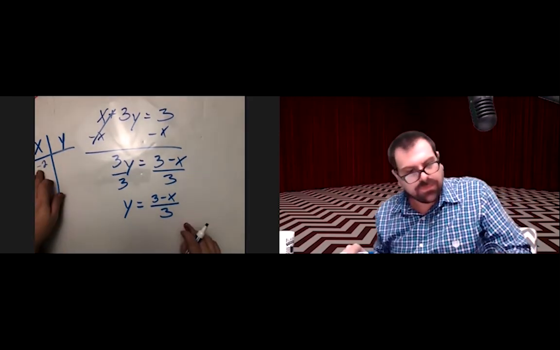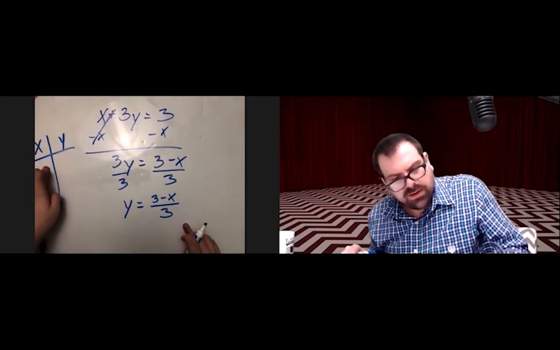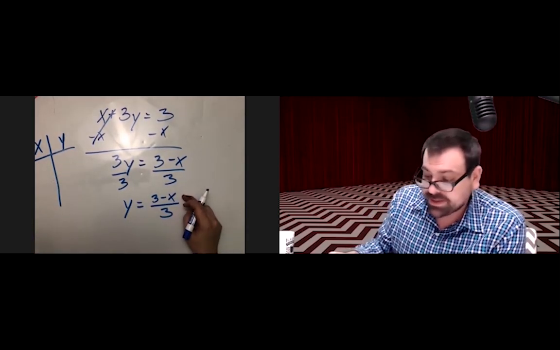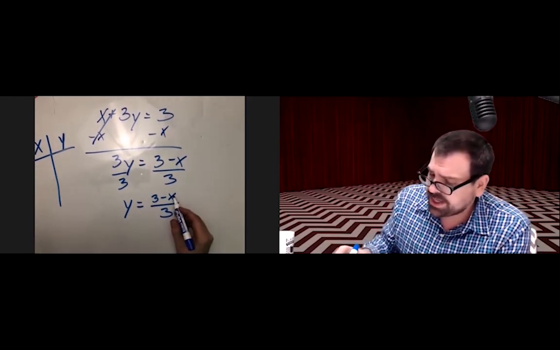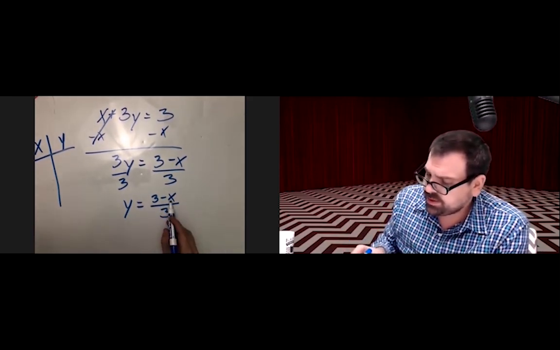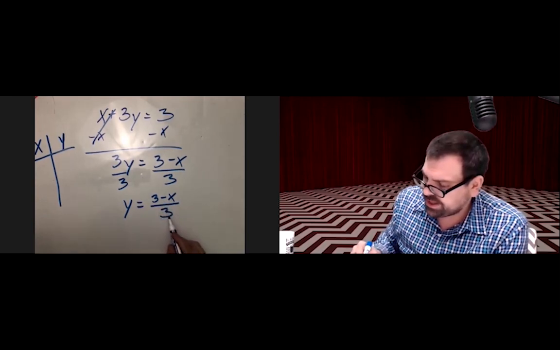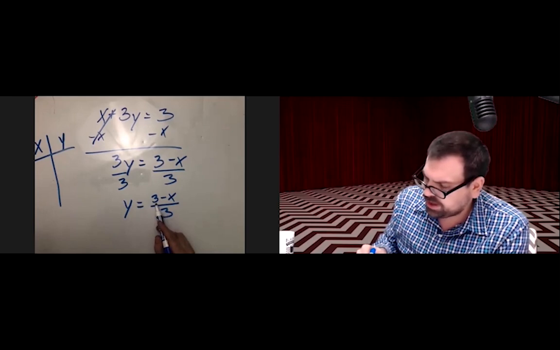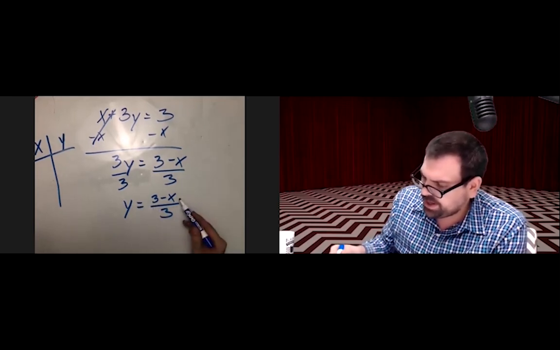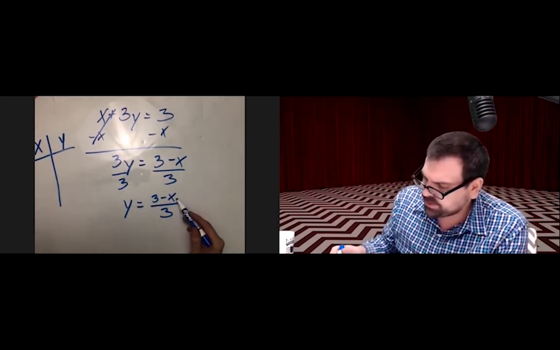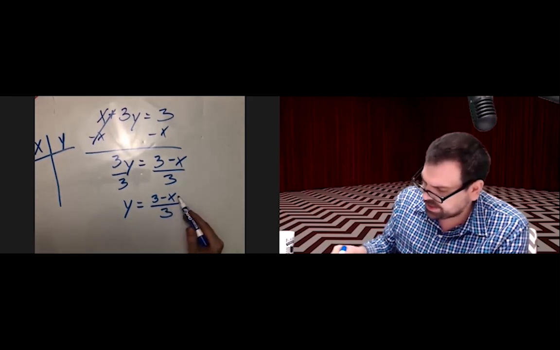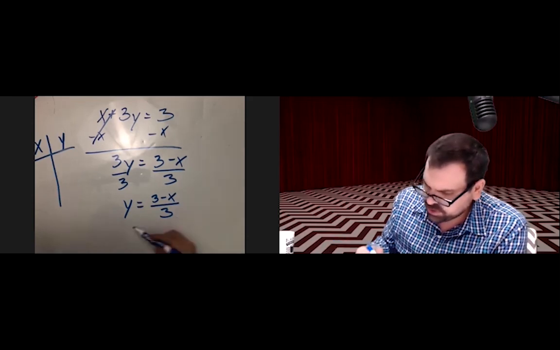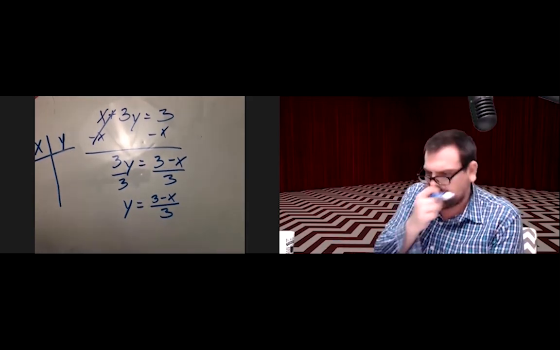Ooh. I want to be careful with how we pick again. If I just randomly pick some x's, I'm going to run into the same situation, but it has to be something that I can go 3 off of and then divide by 3. So since we're going to be skipping 3 off of it anyway, if x was divisible by 3 and we did 3 minus that x and divided by 3, we should get some nice even y's.